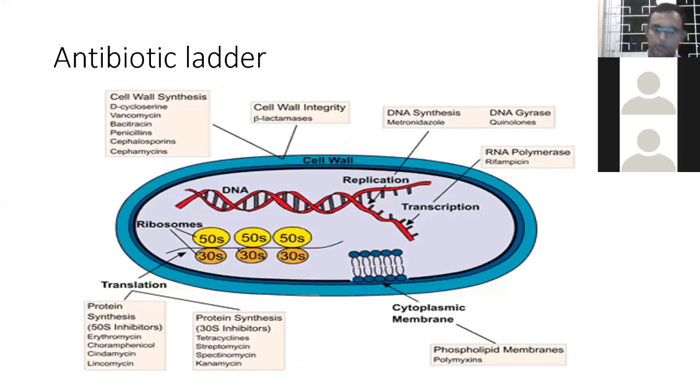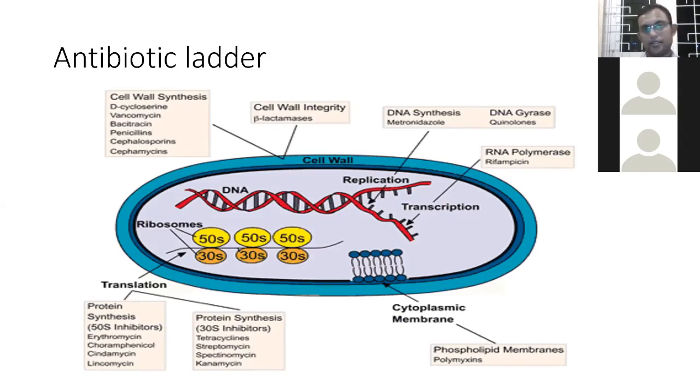Before that, we have to have a recap of what we learned about the antibiotics. This is a diagrammatic representation of what they do. For bacteria that has a cell wall, penicillins and cephalosporins are effective against beta-lactamase.